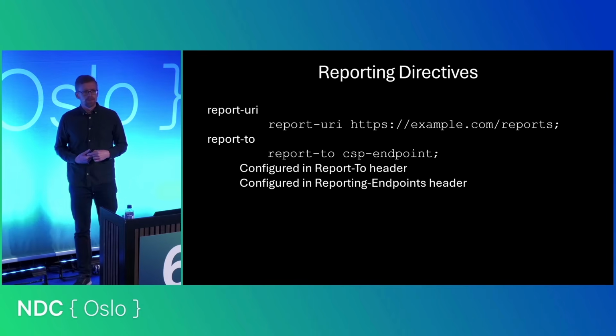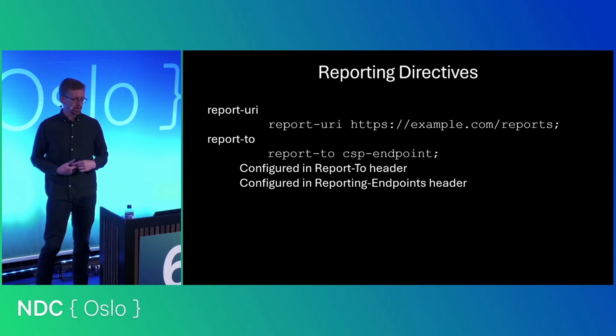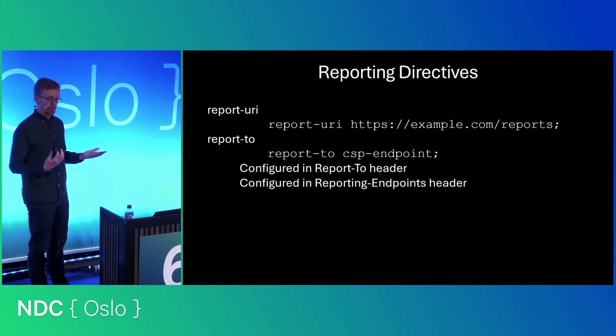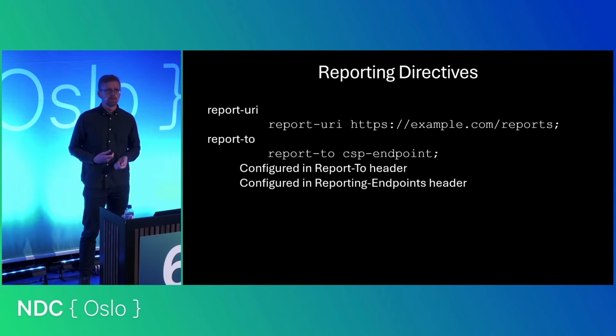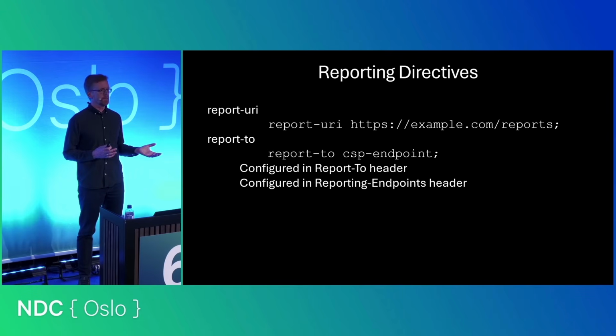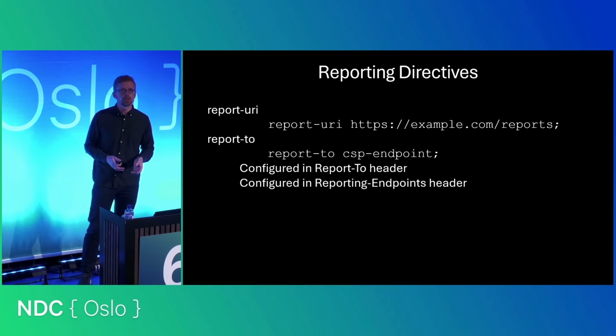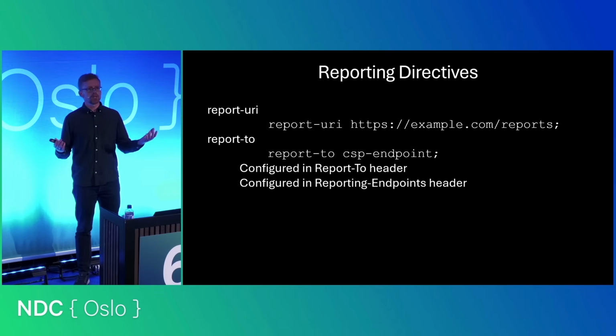Reporting. Reporting is configured by one of two directives, or both of them, called report-uri and report-to. So these aren't restricting anything. These are just telling the browser, if there's a violation, should I send a report? And if so, where should I send it?